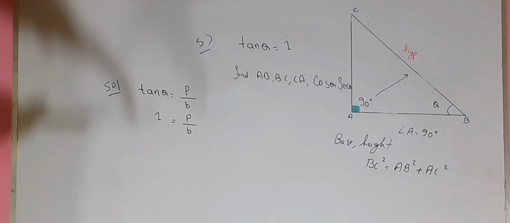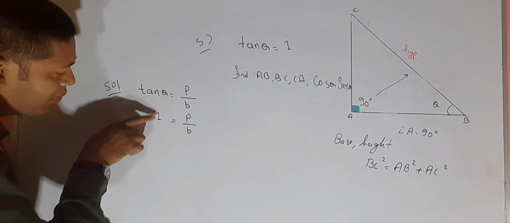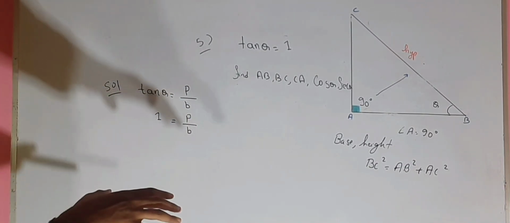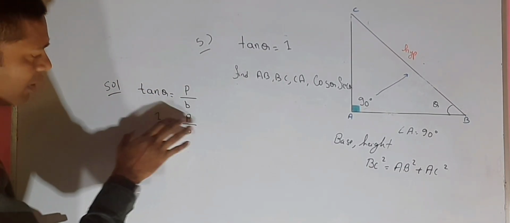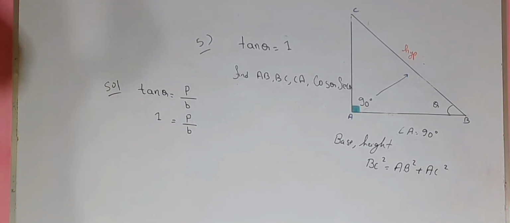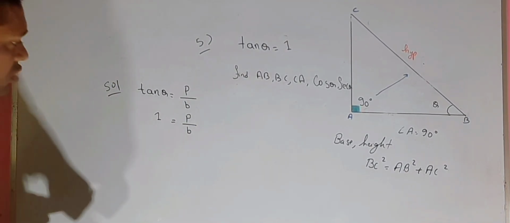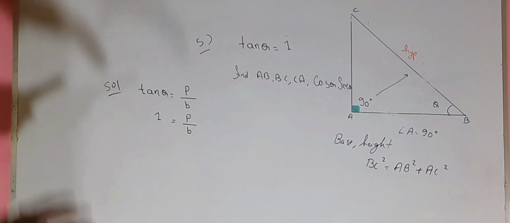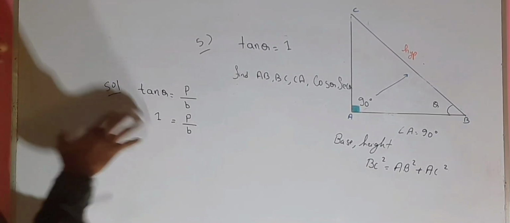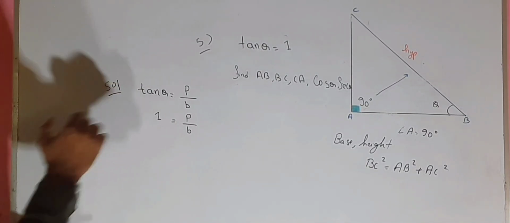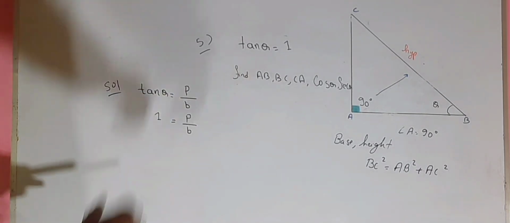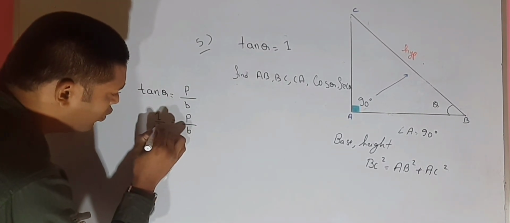In the previous case, you said 5 by 12, 13, something was there like that, perpendicular and base. But here only one number is there. So how to do this one? That's why I gave you the question. Whenever you have this, you need two values, numerator and denominator, but they gave you one value, means numerator they gave you. So what do you have to do in this case? In this case, you will write 1 by 1.